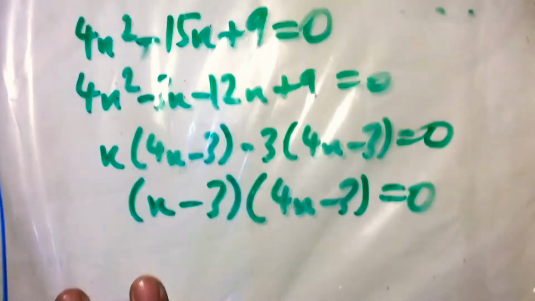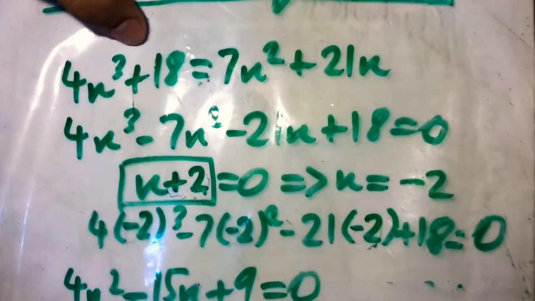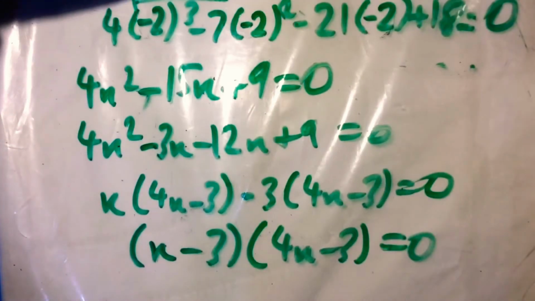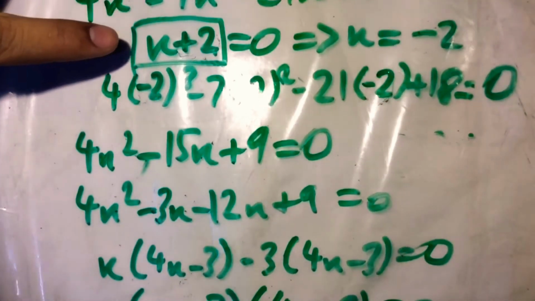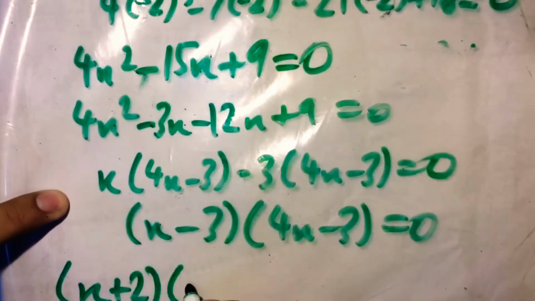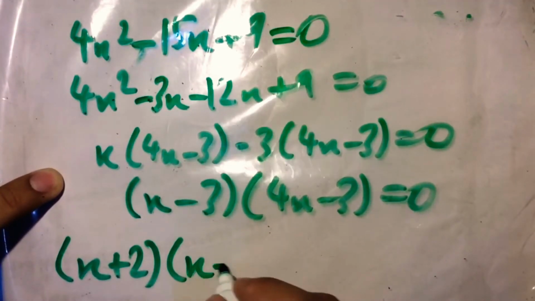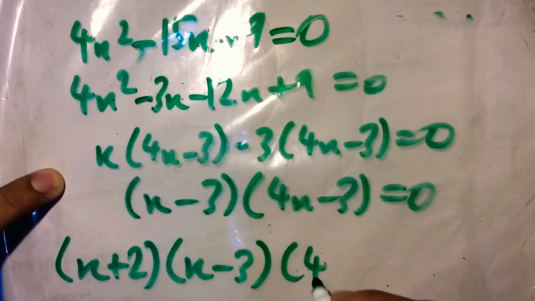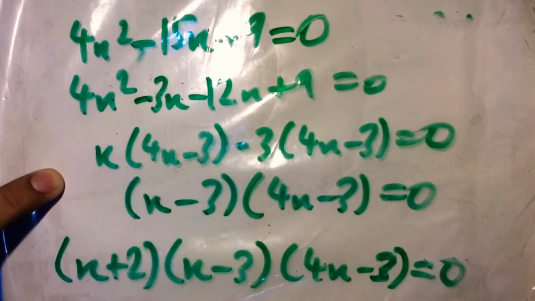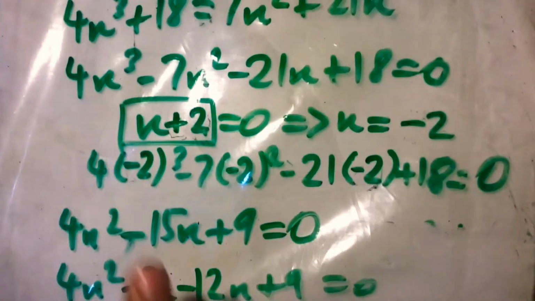Now this equation can also be written as, the first factor is x plus 2, so x plus 2, x minus 3 and 4x minus 3 equals 0. If we expand this, we will get this equation back.